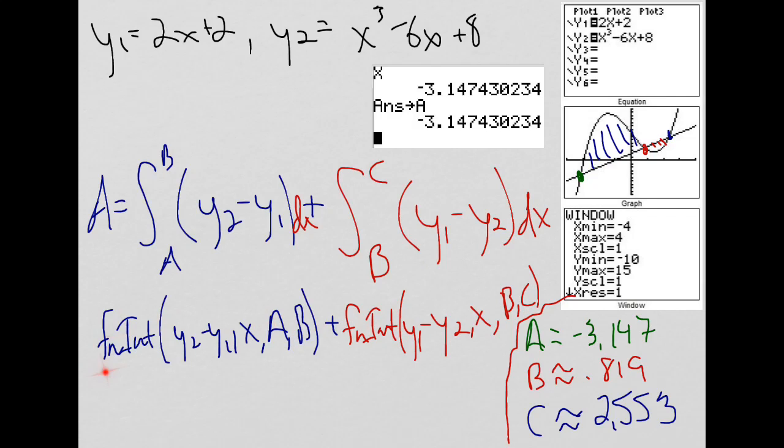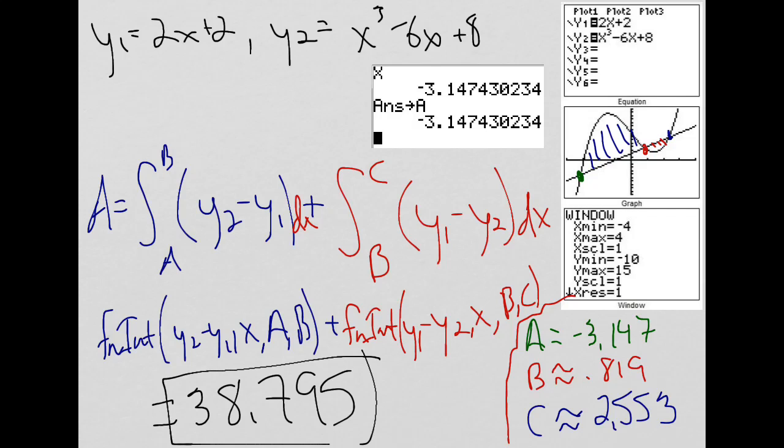If it's the old operating system, or if it's the new operating system, it just winds up looking like this. Then you hit enter, and you get 38.795. If you didn't use these stored values, then you don't get that exact answer.